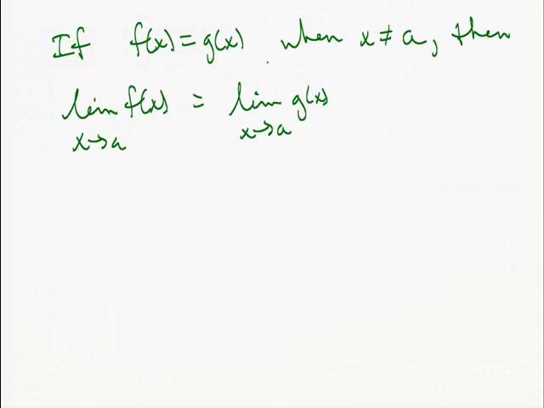And remember, when we're looking at the limits of functions as x approaches the number a, we're looking at values of x that are close to a. We're not actually looking at the values of x that equal a. We're only looking at what happens to our function as we get closer and closer and closer to a, not what happens to our function when we're equal to a. So as long as they agree everywhere except a, then their limits are going to agree, provided the limits, of course, exist.